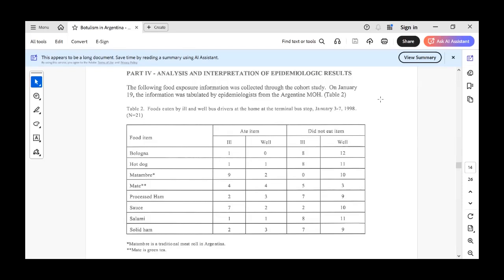The question is to calculate the attack rates for each food and the relative risk for each food item. So calculate the attack rates for those who ate bologna and those who didn't eat bologna, and the relative risk.